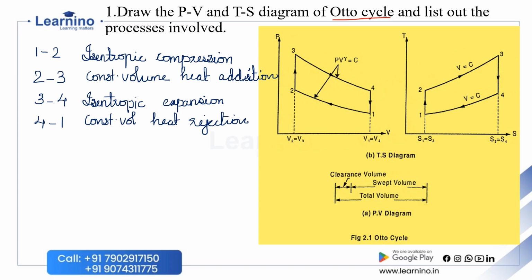And this is the temperature-entropy diagram. Here the isentropic processes are represented as vertical lines, and heat addition and heat rejection are represented as curved lines. That was the PV diagram, and in our TS diagram the process 1-2 is isentropic compression.